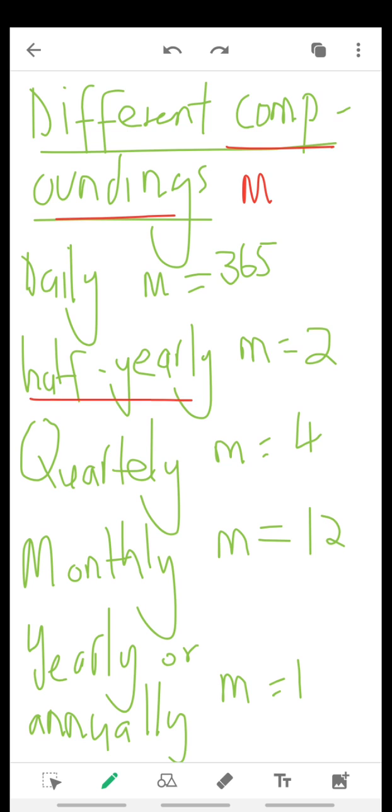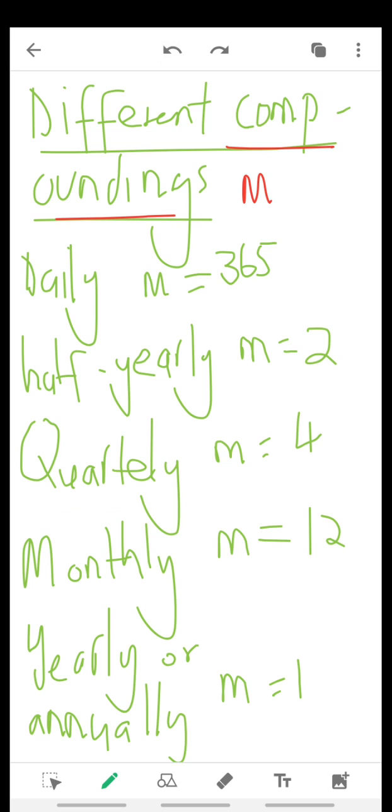If we are compounding half yearly, how many halves are there in a year? There are 2. So m equals 2. Then if you are compounding quarterly, how many quarters do you have in a year? There are 4, 3 months or 4 quarters in a year, which is 3, 6, 9, 12 months. So quarterly m will be equal to 4.